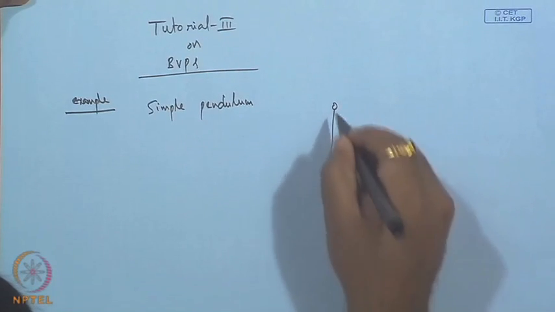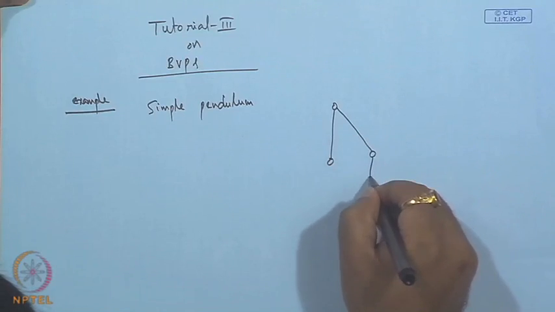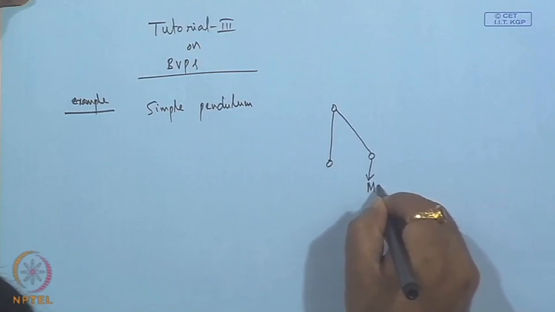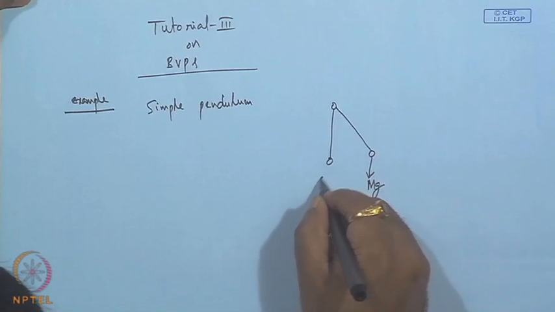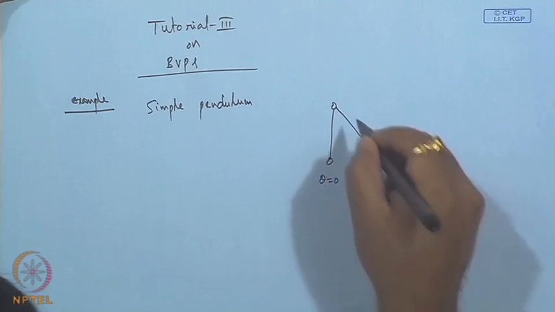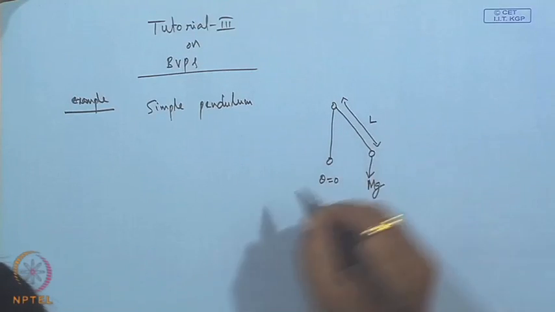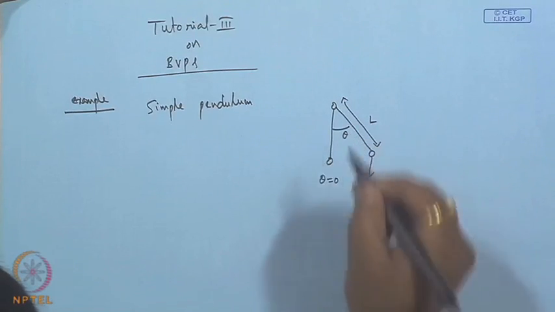So, you have a simple pendulum. This weight is mg. This is the initial configuration when theta is 0, and this length is L, let us say, and this is theta.